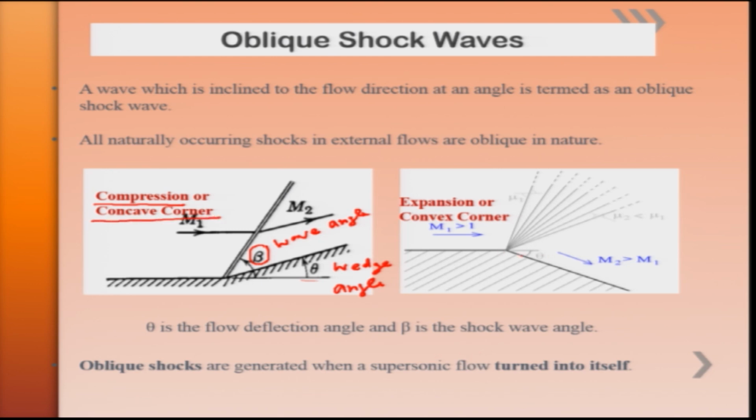Whereas when the surface moves something like this, that is, below the upstream direction, that is a convex corner. When the flow encounters a convex corner, the upstream Mach number, as soon as it encounters a sudden change in the surface inclination on the downstream side, such that the flow moves away from itself, then an expansion fan, which you can see expanding from the vertex in these directions, is formed.